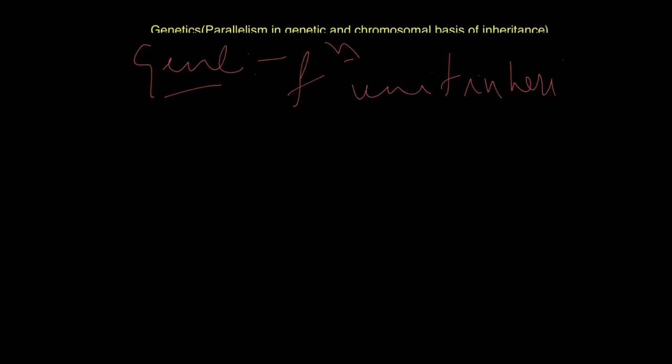Today I am going to discuss the parallel behavior of gene theory and chromosome theory. For the basics, let us start with the gene. Can we define a gene? Yes, it is the functional unit of inheritance. Let's take an example. Suppose we take two genes, T and t.